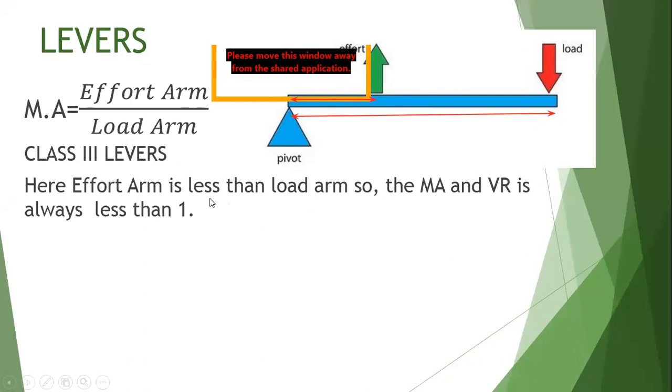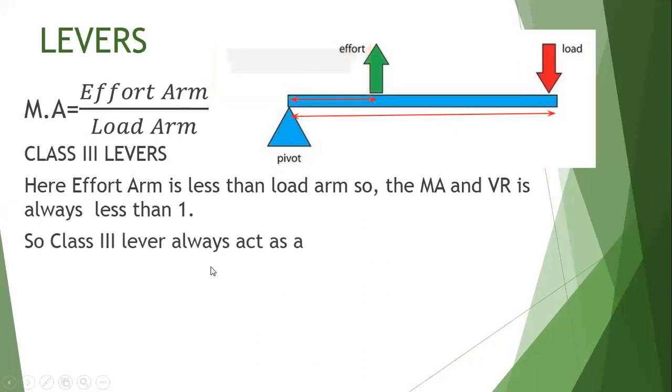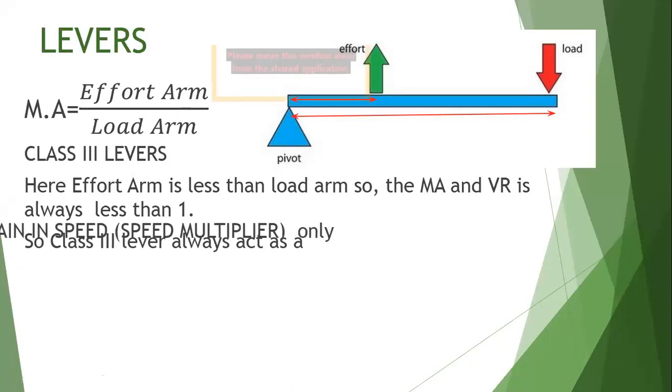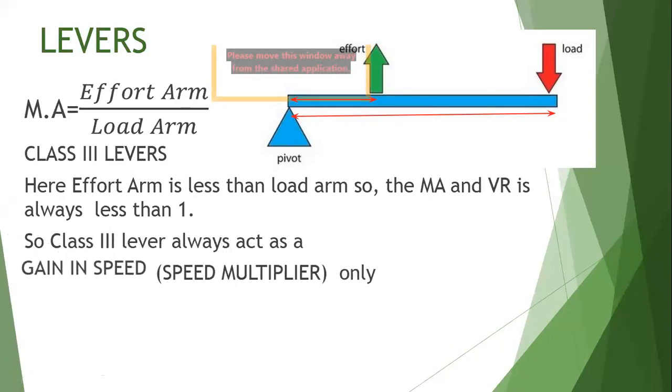So your effort arm is less than the load arm, and that's the reason why your MA and VR are always less than 1. So your class 3 will only act as a gain in speed or speed multiplier.